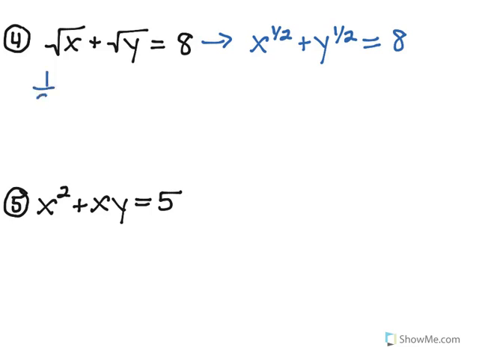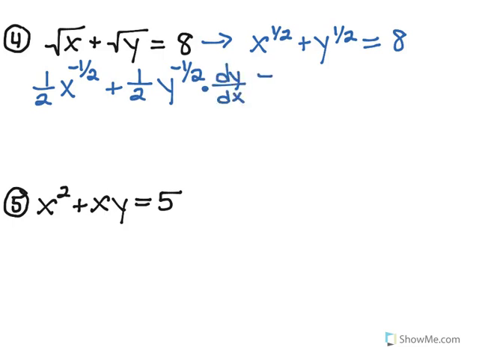Power rule says bring the exponent down, keep the variable, subtract 1 from the exponent, so I get 1/2 x to the negative 1/2. Since the y is the same exponent, it works out almost identical: 1/2 y to the negative 1/2. But this one has times dy/dx because it was a y. This is equal to 8.